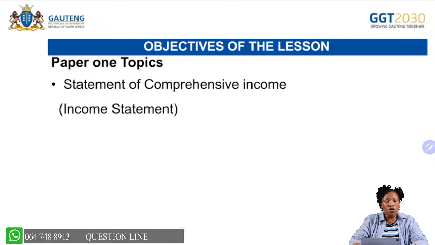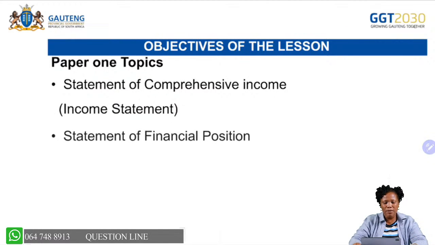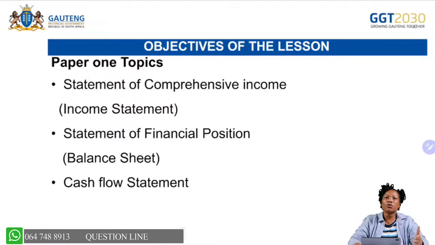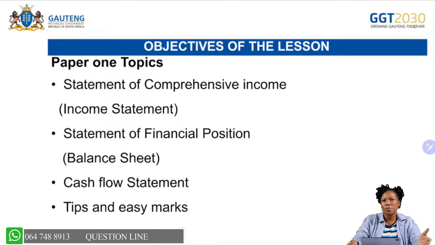We will also look at the statement of financial position, and that is referring to your balance sheet, and we will use that also interchangeably. So don't forget. And then we'll also look at the cash flow statement. As we move along with the lesson, we are also going to give you tips on how to respond to the questions. Also, speak to how the marks are allocated for certain or even specific calculations.